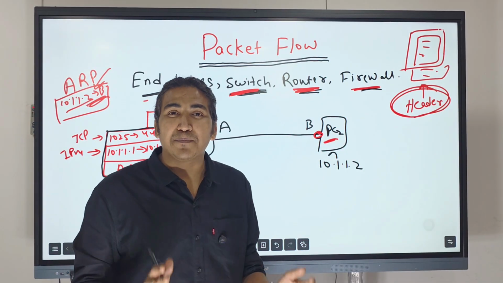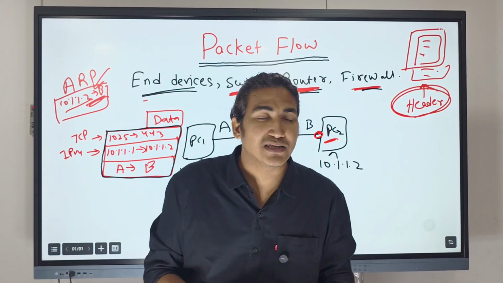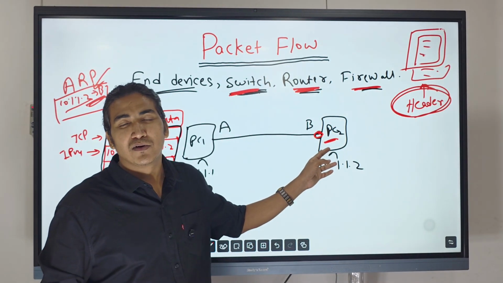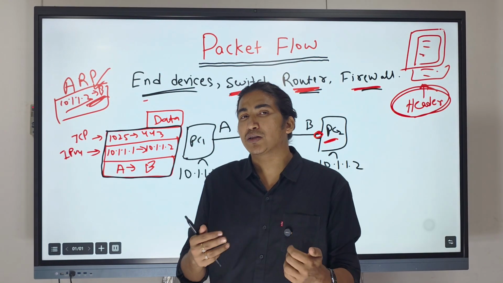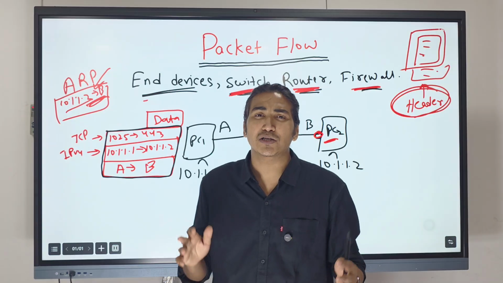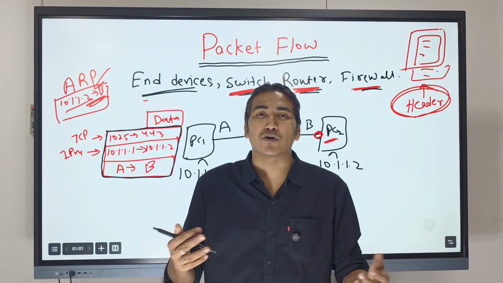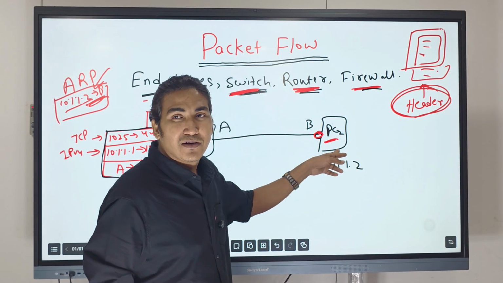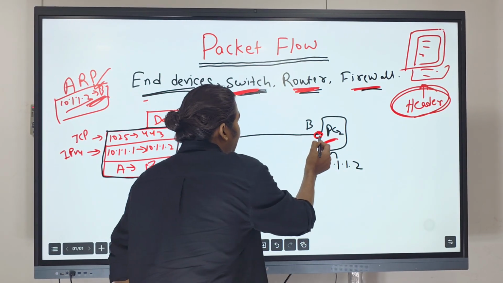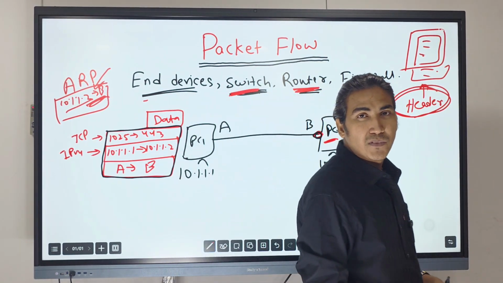In two cases PC2 will accept it, or any networking device will accept it: if the destination MAC is the MAC address of the receiving device, or the destination MAC is broadcast. Because if it is broadcast, then it can be for me as well. Okay, so it is going to accept, because the destination MAC address is the MAC address of PC2 only.